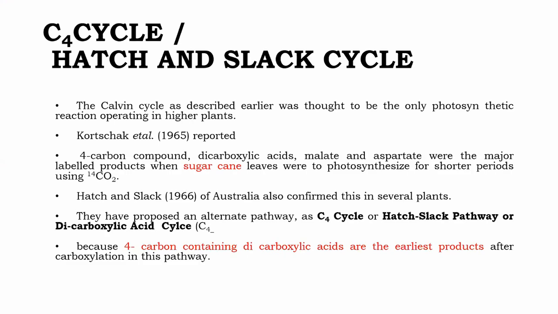Then in 1965, Hatch and Slack identified the C4 pathway. They used the isotope C14 carbon dioxide. Then they identified 4 carbon compounds, that means dicarboxylic acids, malate and aspartate. These all are 4 carbon compounds.